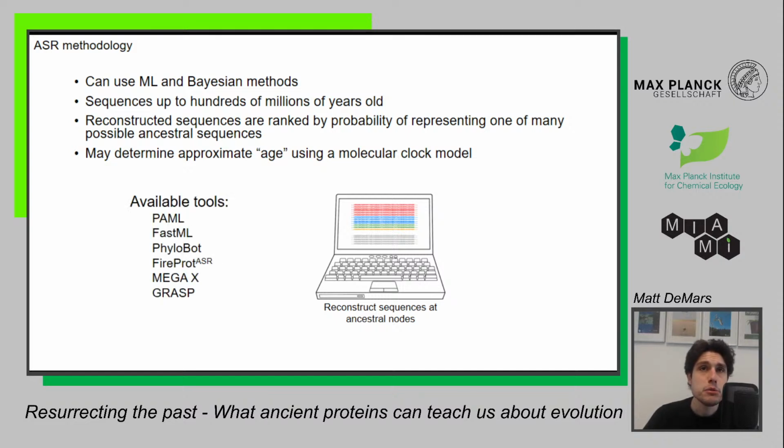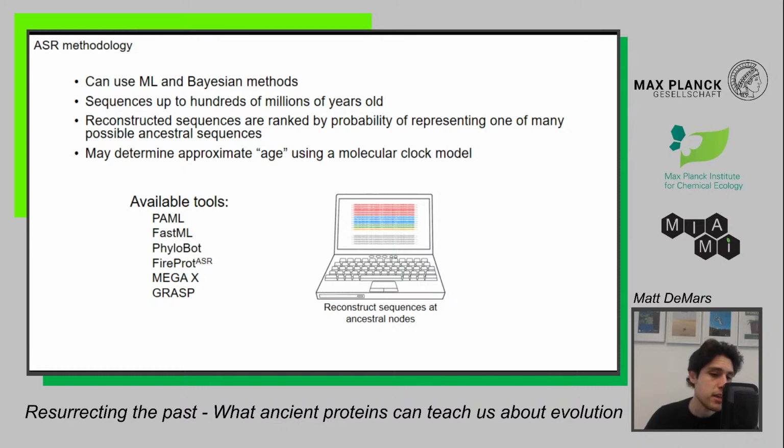Again, there are available tools for this. The most popular one, I believe, is PAML, which is phylogenetic analysis by maximum likelihood. The one I've used is FastML. It's a more user-friendly, online, server-based software program you can use. There are a number of other ones. For instance, FireProt-ASR is a new one that I found that is very user-friendly and allows people with essentially no experience in performing this to do it.